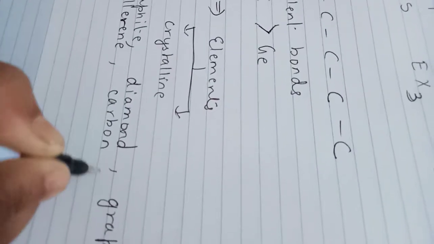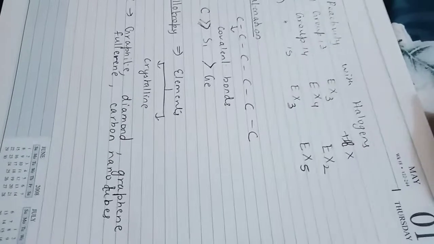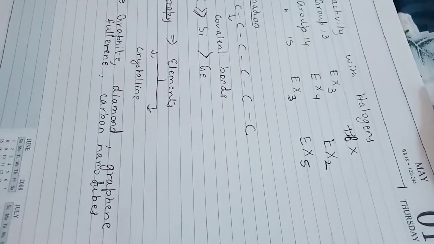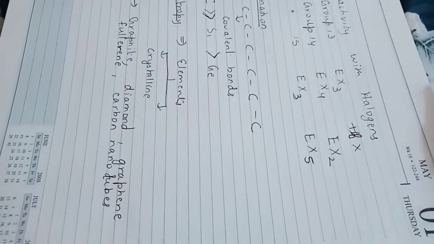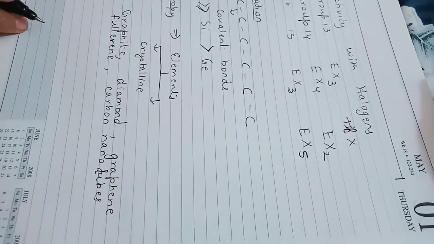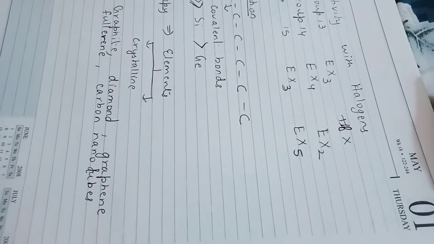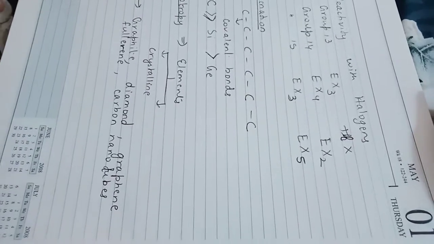There is one more which is called carbon nanotubes. So, element carbon exists in different allotropic forms such as graphite, diamond, graphene, fullerene, carbon nanotubes, etc. They have different physical properties in the form of color, density, MP.